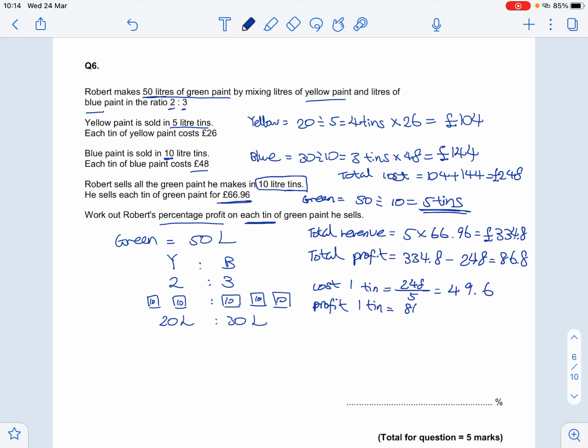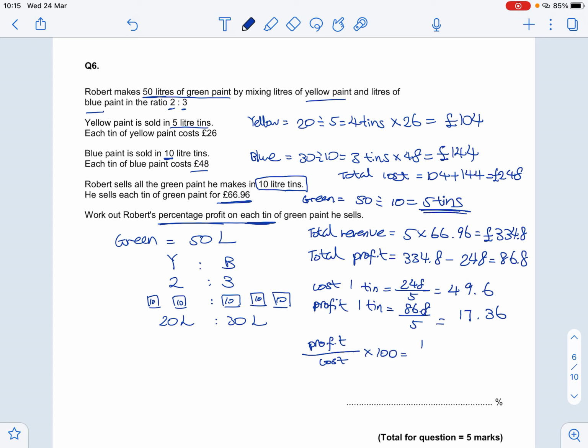And the profit for one tin is 86.8 divided by 5, which is 17.36. So to work out the percentage profit, we use our formula, which is profit divided by cost multiplied by 100.